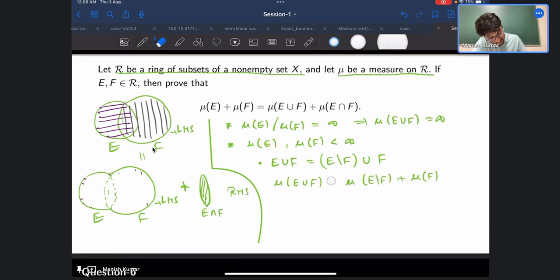Because these are disjoint, so by additivity I get this. So this is one way to get some identity.